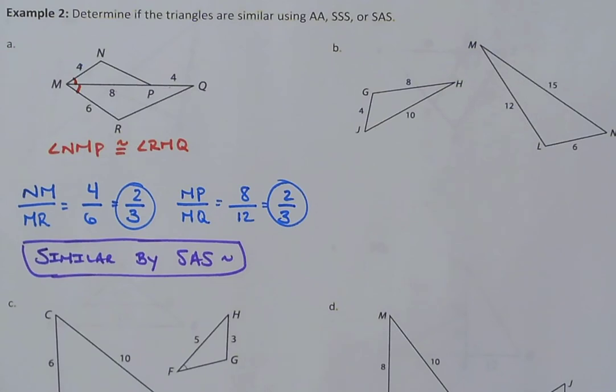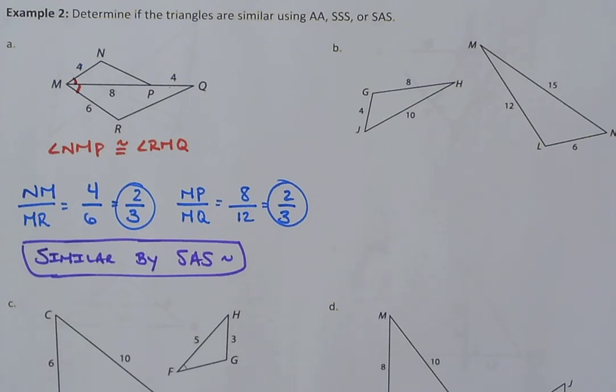And that is our answer for example 2, part A. And then we're just going to run through the same idea for parts C and D. So, with that said, let's go ahead and take a look at part B.